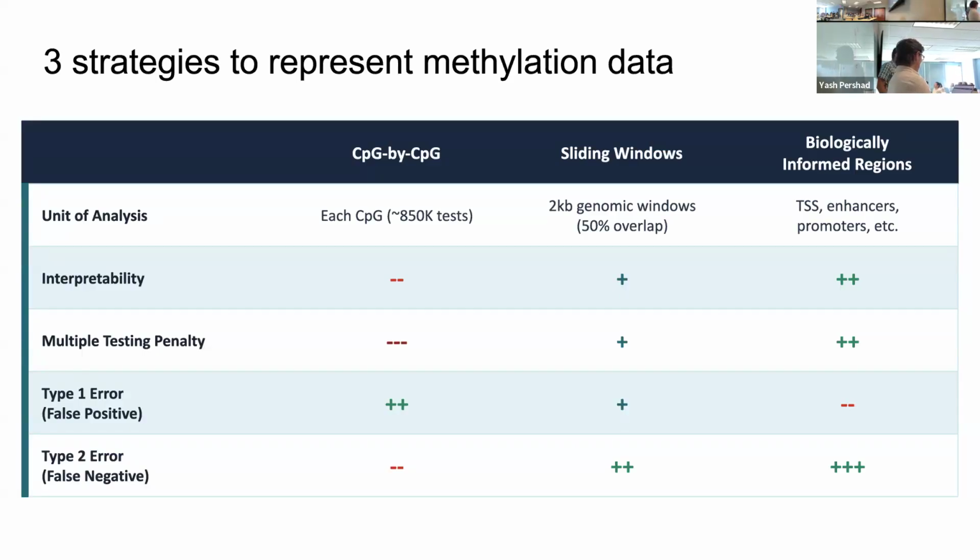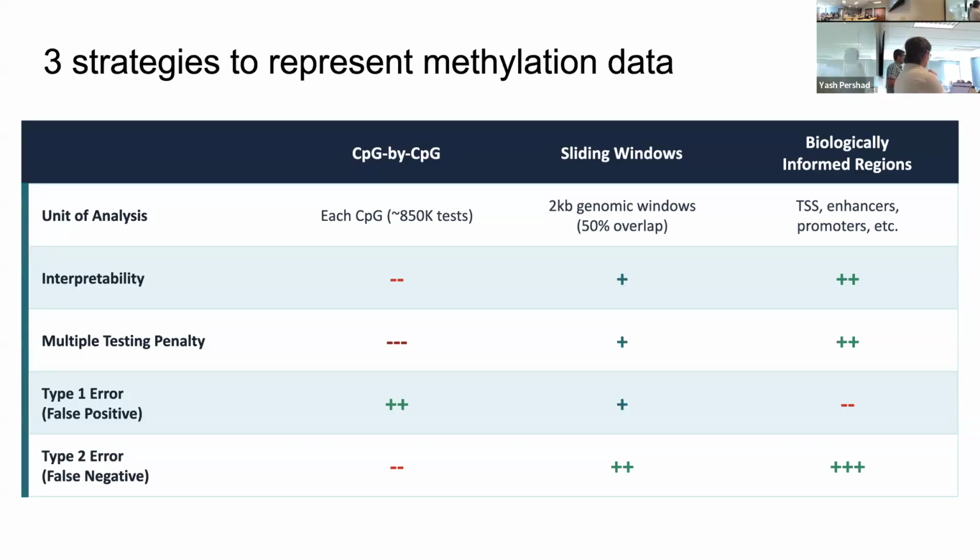This is a little more interpretable because you can map a region and say, oh, that's in the promoter of this gene, for example. But the window size you pick matters a lot. The issue is that, I guess false negative should have two negatives on it, you're at very high risk of false negatives because you're collapsing across CpGs that may be completely uncorrelated with each other.